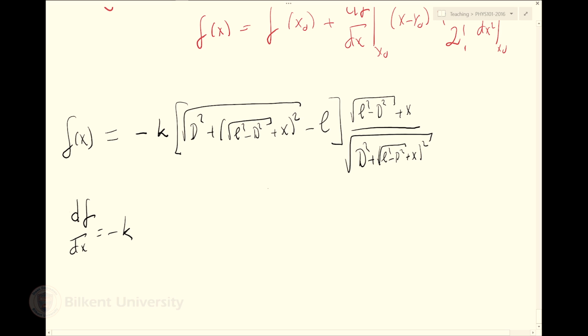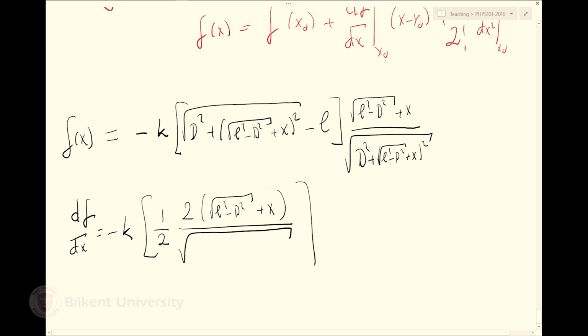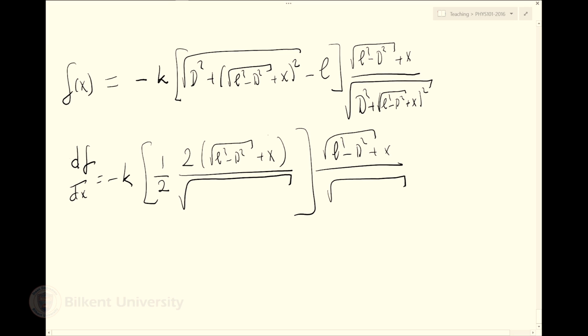Let me take the derivative of the first term. L is just a constant, so I need to take the derivative of what's here, 1/2. Inside that is 2, x is that. So square root of L square minus D square plus x divided by the square root again. It's always the same square root, right?